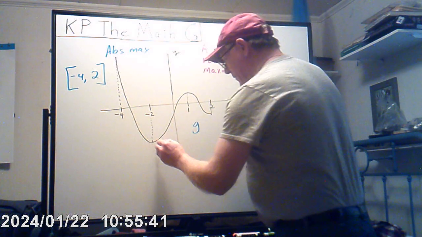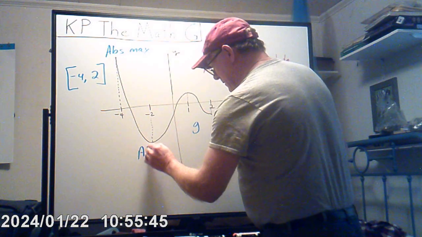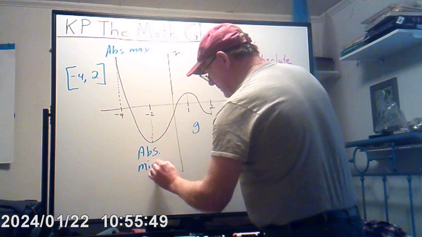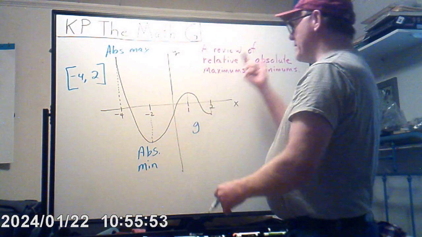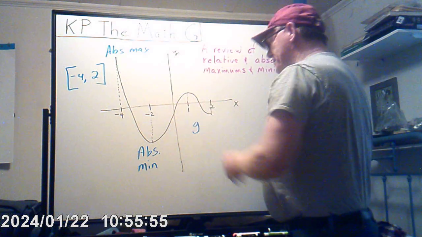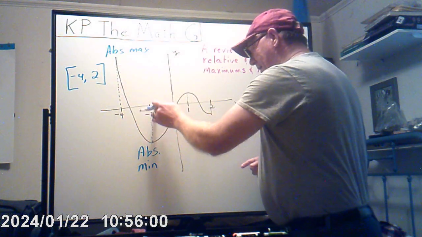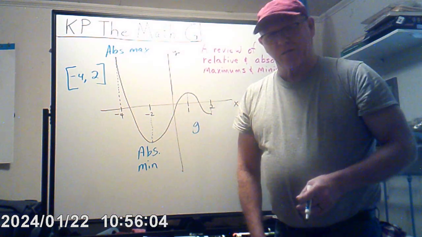Now this one here is an absolute min. It's also a local min, even though it's absolute. It's considered local in that -2 and 1 are what we call critical numbers.